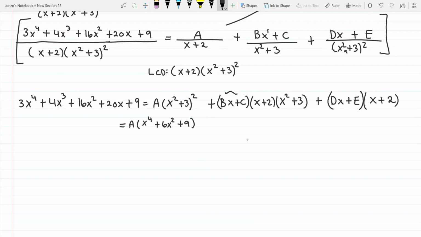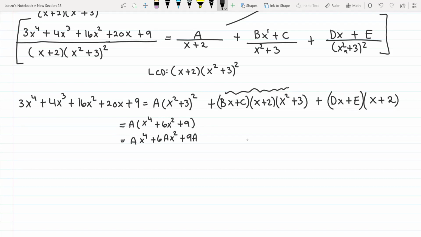And then when you FOIL out the A, that would be ax to the 4th plus 6ax squared plus 9a.